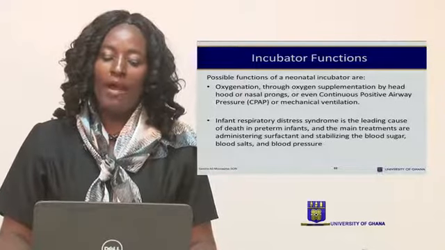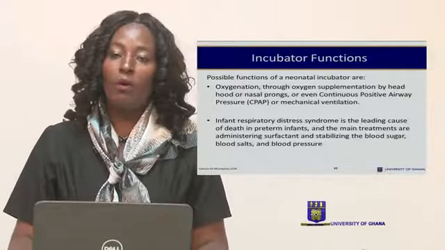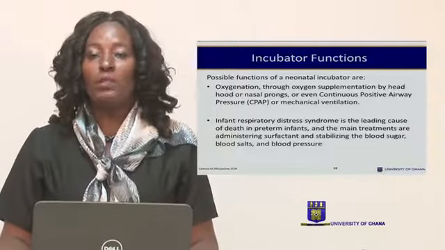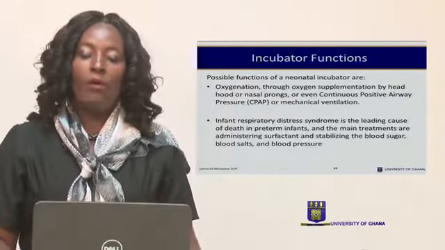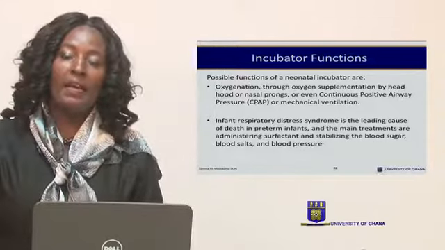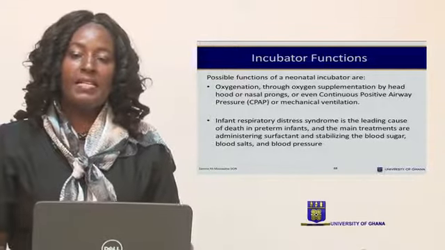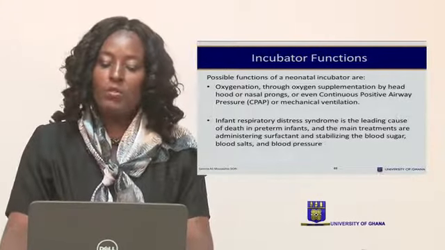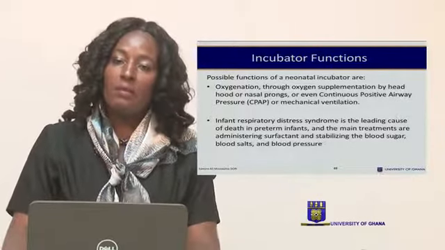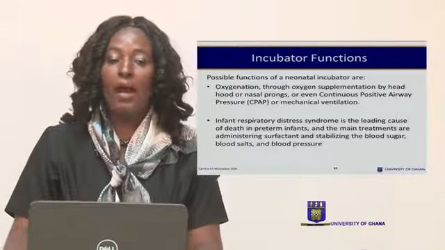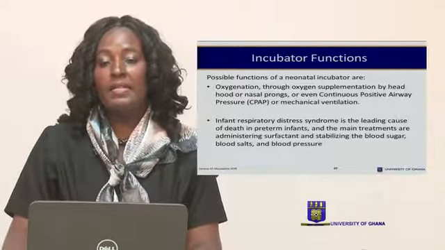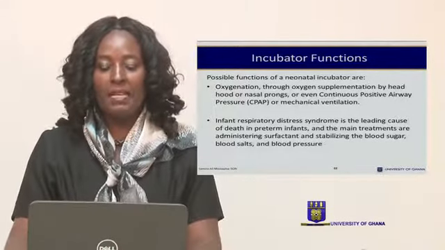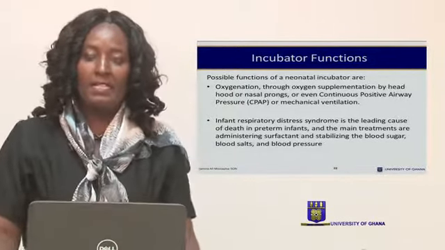We may also have the CPAP, what we call the continuous positive airway pressure, which comes like a hood or a cap over the head, or in cases where there is a need for mechanical ventilation, the incubator allows us to perform all these functions. And also in newborns who have respiratory distress syndrome, as we will have in the preterm infant, because the lungs are not well developed and there is some inadequacy of surfactants.